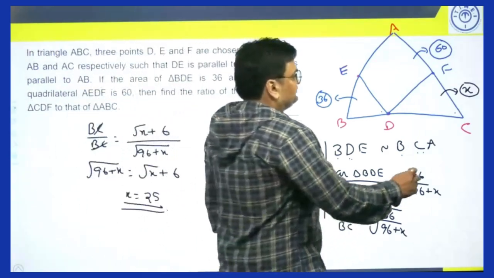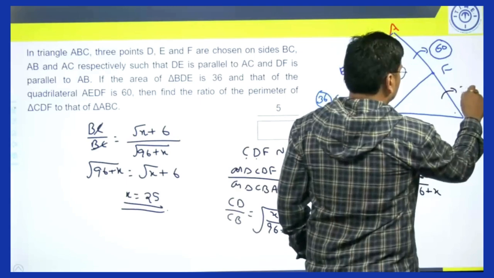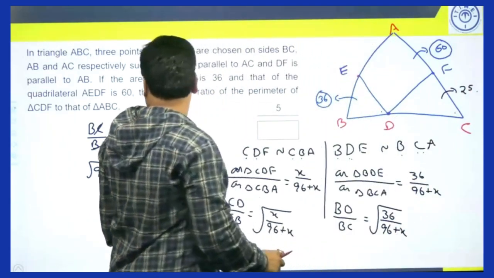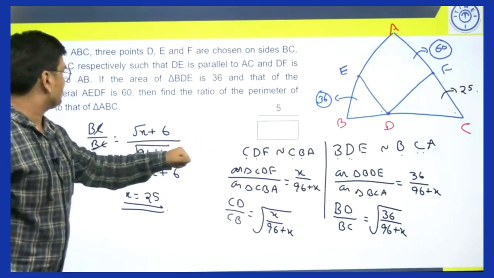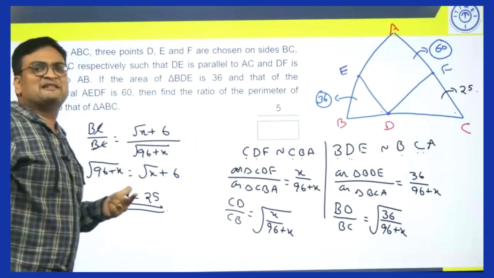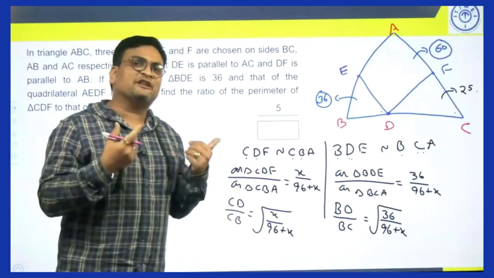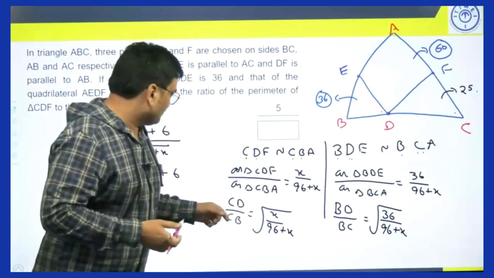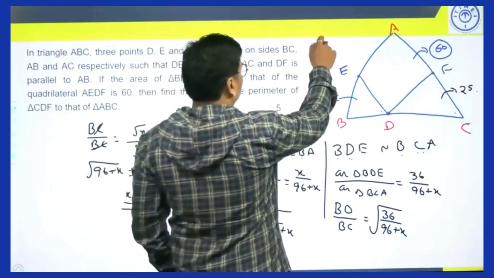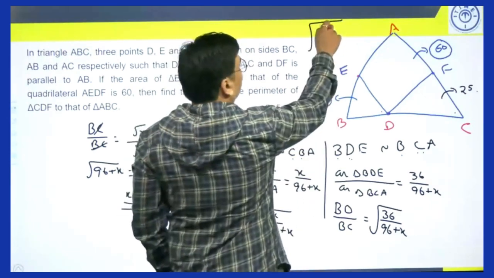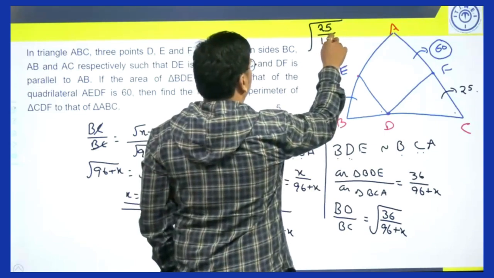So this area we may write instead of x as 25. The moment this is 25 square units, what is he asking us? The ratio of the perimeter of triangle CDF to that of ABC. I just now said, in case of similar triangles, the ratio of sides is also equal to the ratio of perimeters. So what was the ratio of sides? It was this. So can I say the ratio of perimeters will also be this, which is root of x, which is 25, by 96 plus 25, which is 121.